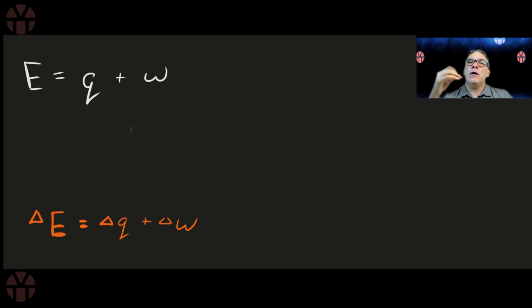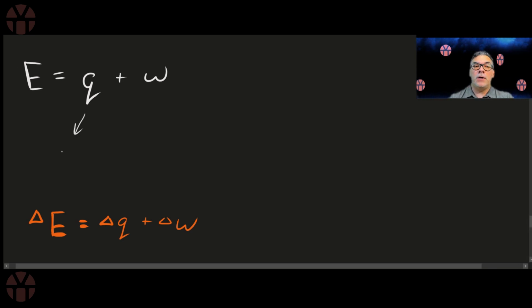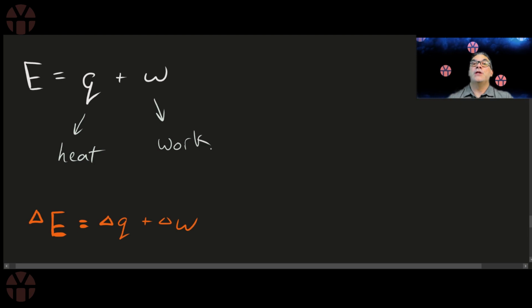What we usually refer to as internal energy is two factors that come together. One is Q, better known as how much heat the object, reaction, or system possesses. And then W is how much work the system, the reaction, the object possesses.